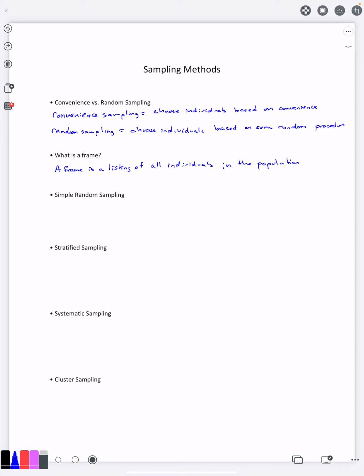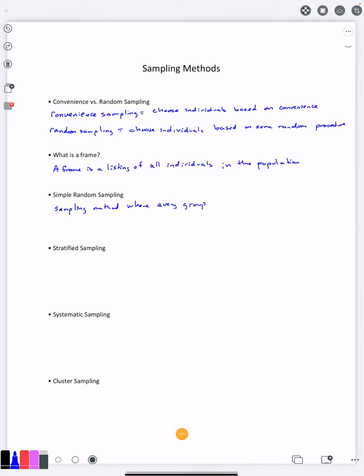Now, the first type of random sampling we're going to talk about, and it's really the best, is called simple random sampling. And this is a sampling method where every group of the same size has the same chance to be selected.